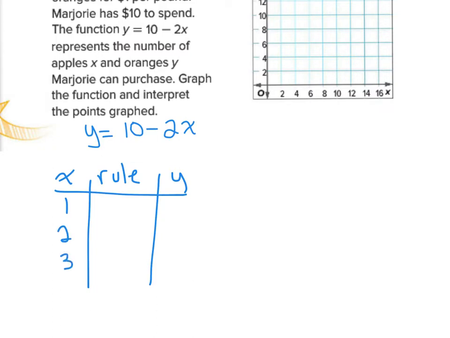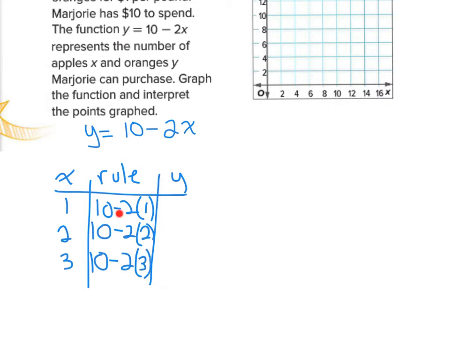Okay, at 1 bag of apples, it'll look like 10 minus 2 times 1. At 2 bags of apples, it's going to look like 10 minus 2 times 2. At 3 bags of apples, it's going to look like $10 minus $2 per bag, and I'm going to get 3 bags of apples.